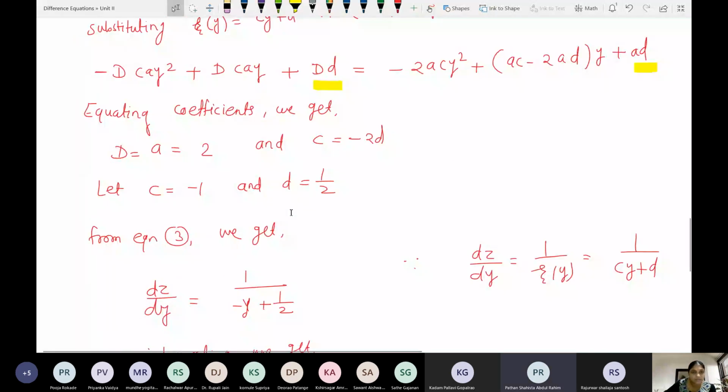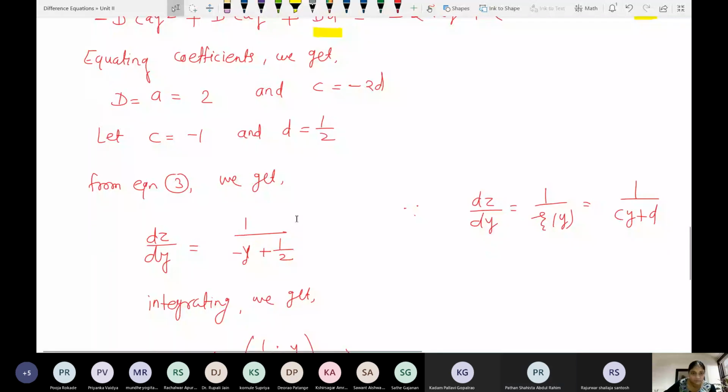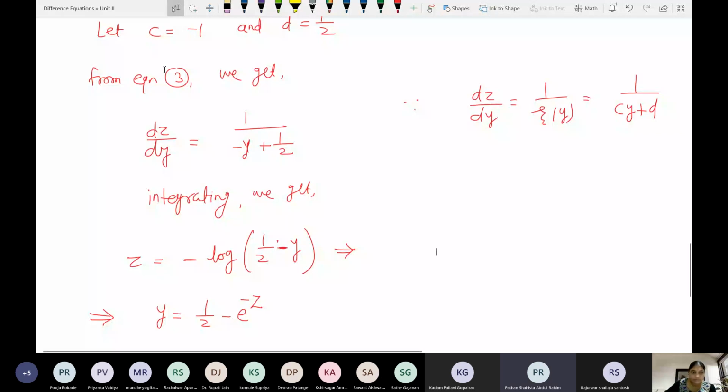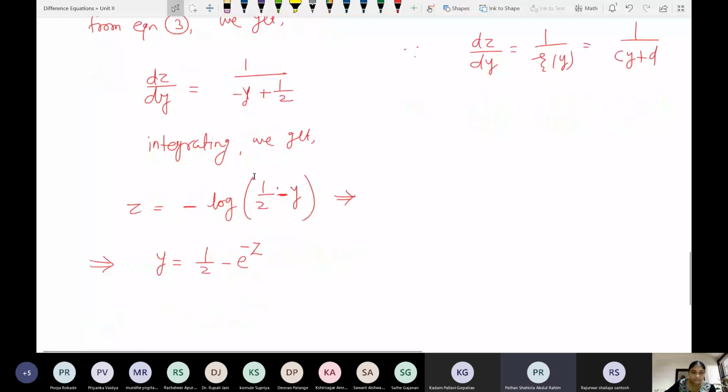For simplification we are taking this; if you take c equal to something else, d will be different, and then your next calculations will be different. That is just a constant. Is that okay? Okay, ma'am. So z is equal to minus log of this, you can write, and then you can take the exponential.